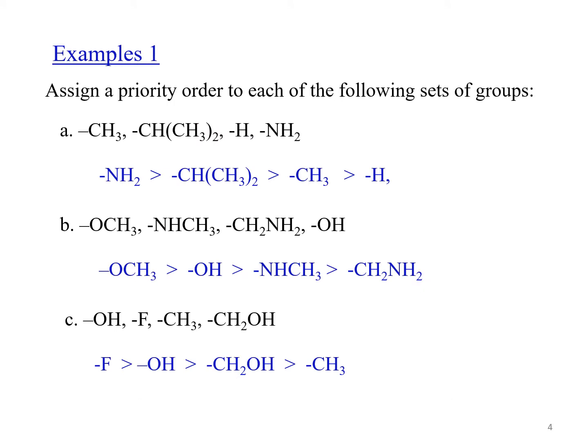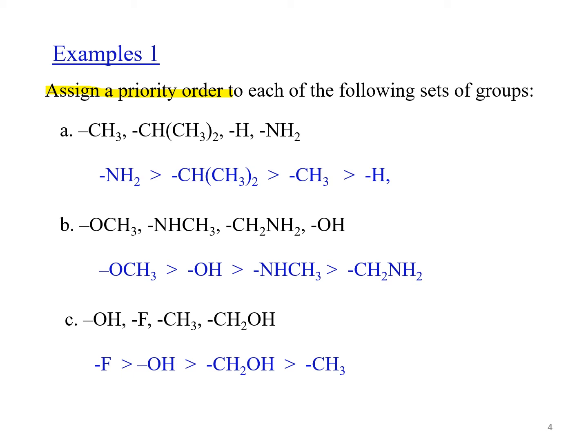Here we have a few examples where we have to assign the priority order, basically applying the three rules that we have learned. Three groups are there: a methyl group, a butyl group, a hydrogen atom, and the amino group.